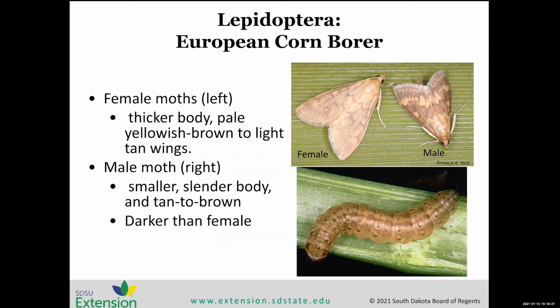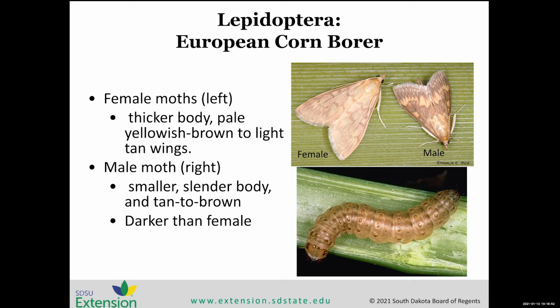For identification, the female and male are different. The female moth, as the one on the left there, has a thicker body and pale yellowish-brown to light tan wings. The male moth is usually smaller, with a slender body, tan to brown, and darker than the female. I'll just say now, a lot of these Lepidoptera, these moths in your corn, look a lot alike.